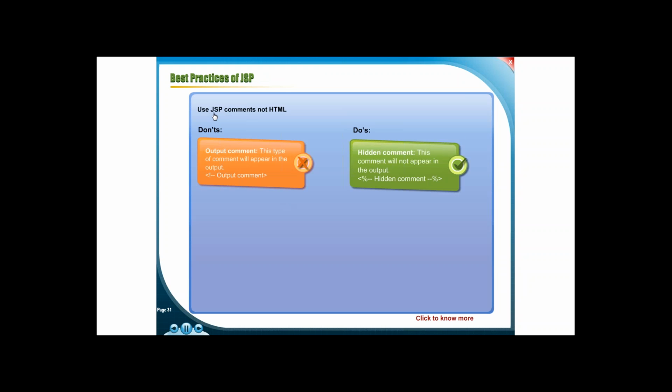Use JSP comments, not HTML comments. Here you can see this is a JSP comment and this is an HTML comment. If you use an HTML comment, this type of comment will appear in the output. This one will be hidden in the output. That is the reason.